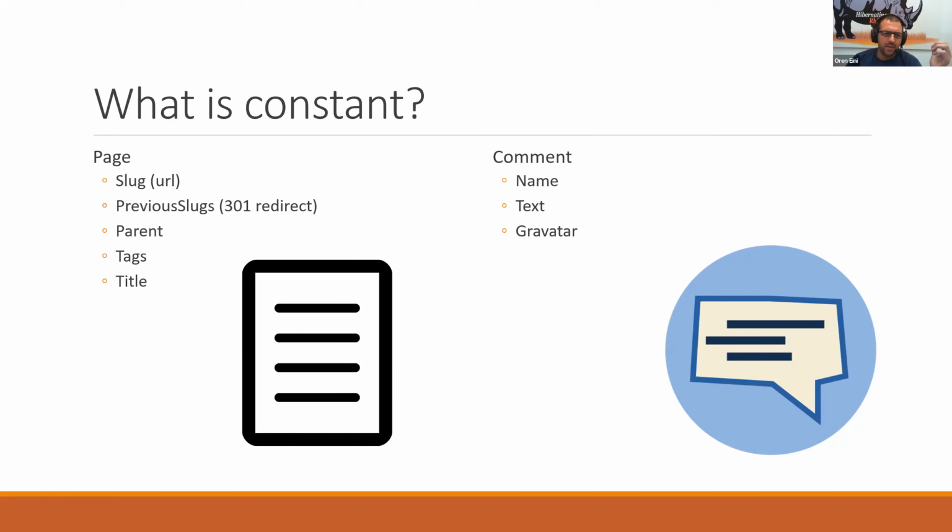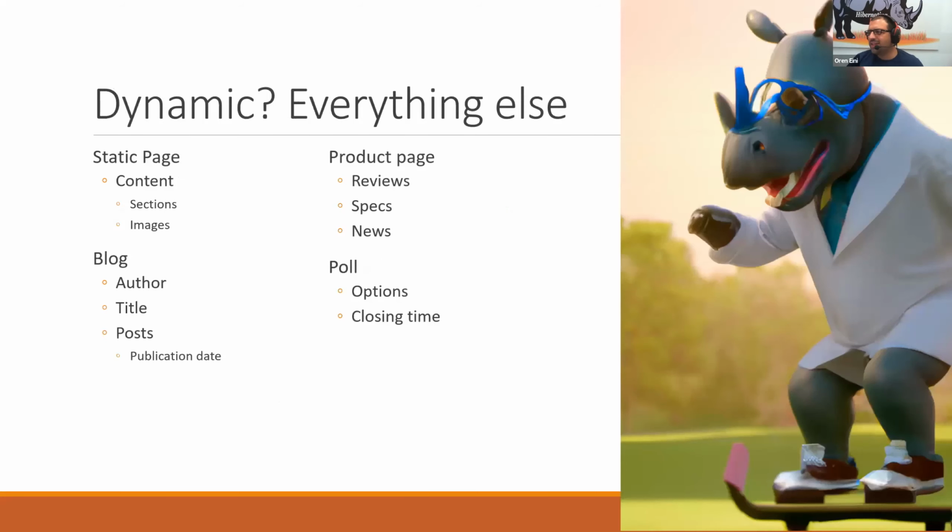But let's take it further. So these are the things that are static. What about the dynamic? What changes? And the answer is that everything else in the system changes. If a user wants a page about a skateboard ride in Rhino, they get a skateboard ride in Rhino. Apparently, that's a hard requirement.